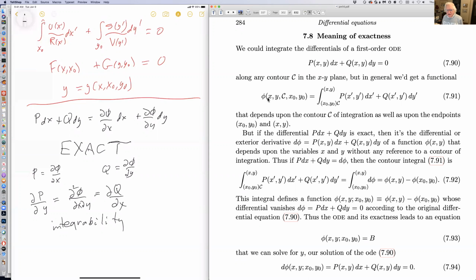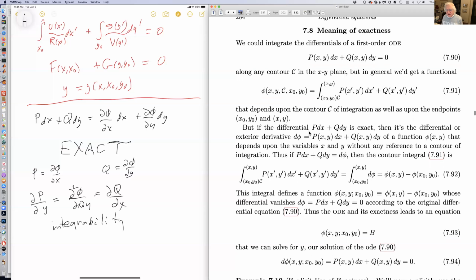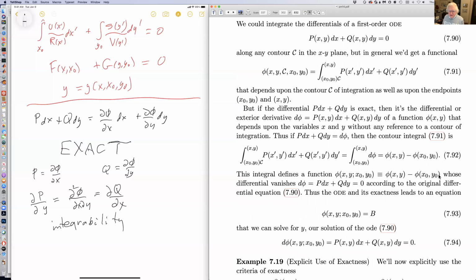What we get is a function that depends upon the contour in general. On the other hand, if this is the differential of something, then the integral of that differential depends only on the endpoints. And so that's the huge difference. This is very much like complex variable theory, where the contour integral of an analytic function depends upon the endpoints and not upon the contour chosen.